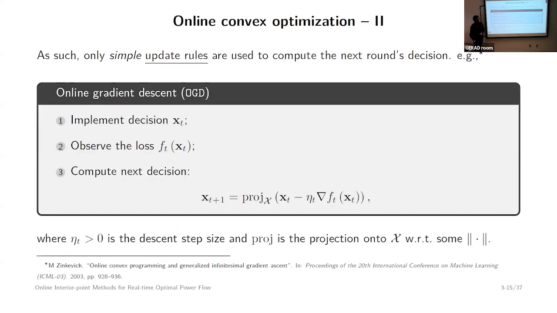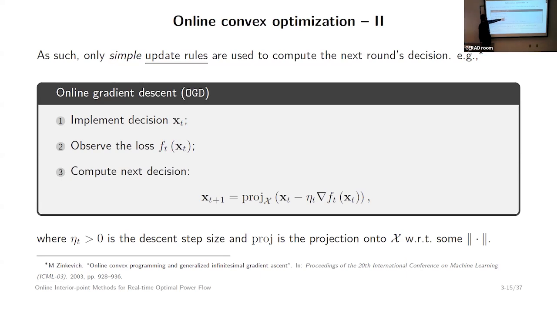The canonical or standard algorithm to solve this kind of problem is called online gradient descent. It's a single step of a projected gradient descent. How the OCO framework goes around this problem is we implement decision x_t, so I send it to the system. I observe the loss f_t(x_t), and then I compute the next decision.